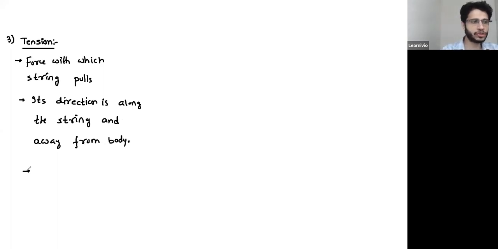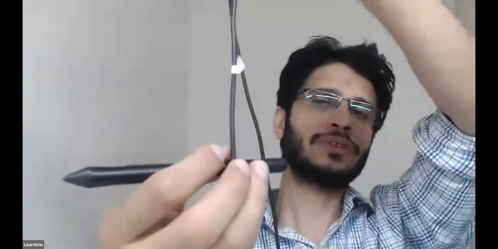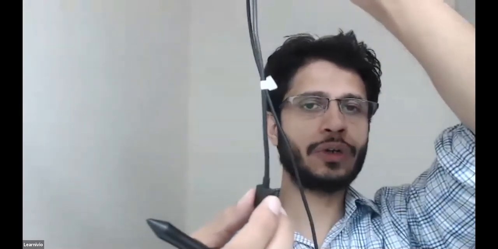Like if I take this string, and I connected a mass with this string. So the force with which this string pulls this mass is known as tension.